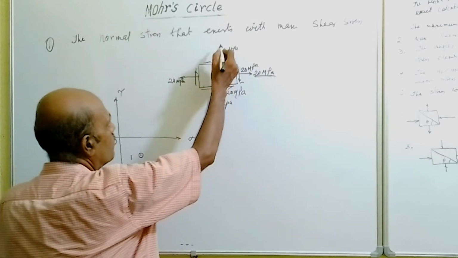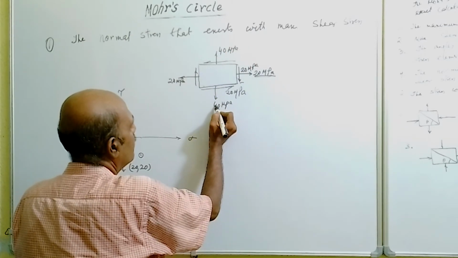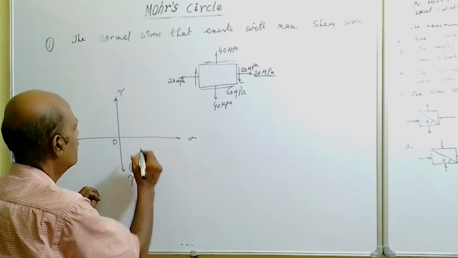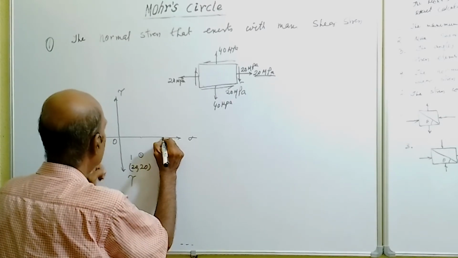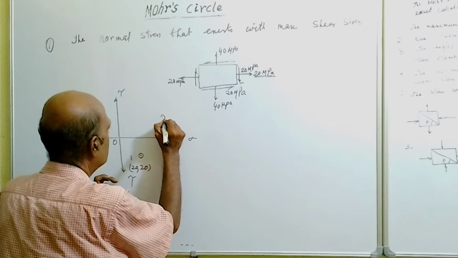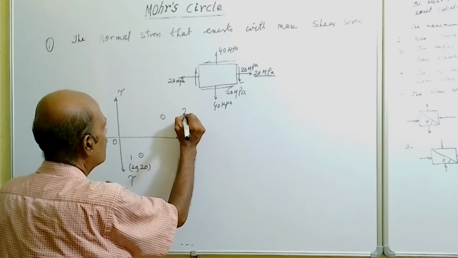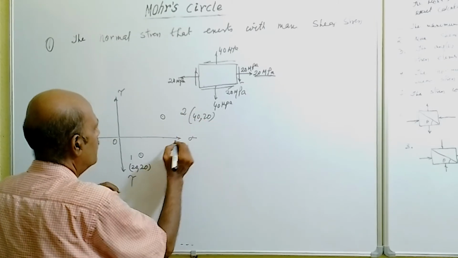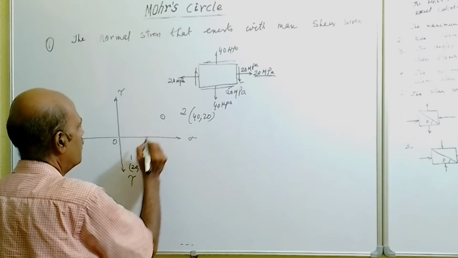Second point, go to the y face, that is 40 positive and 20 also positive. So from here to here it is 40, and 20 positive. So we got the second point, that is 40, 20. Okay, so this is point number 2, this is point number 1.